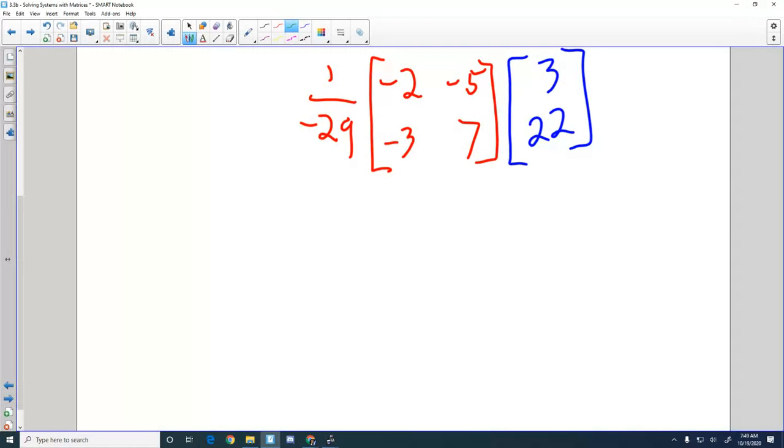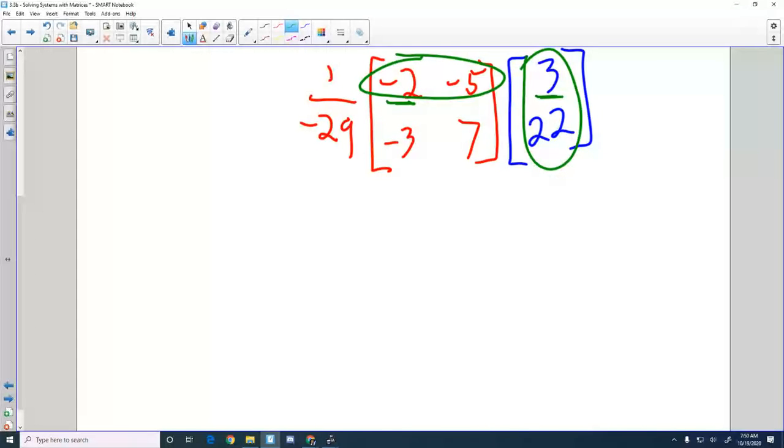So when you're multiplying, remember, we're going to leave that fraction out in front for now while I multiply my matrices. After we've multiplied them, then we'll bring that negative 29 inside to divide each number by it, just to make it easier. When we multiply matrices, we take rows times columns. Multiply the first element times the first element.